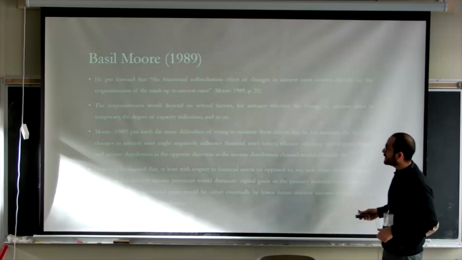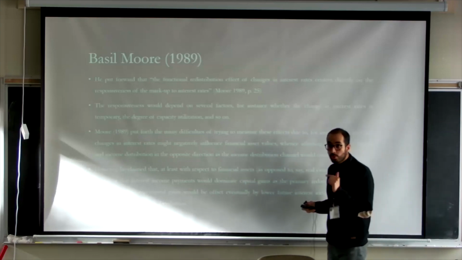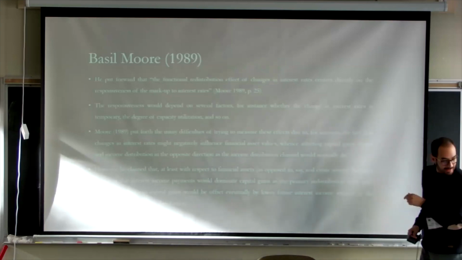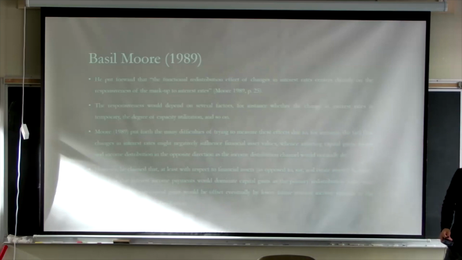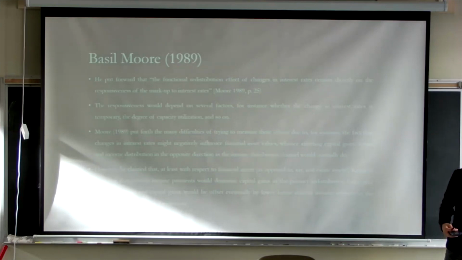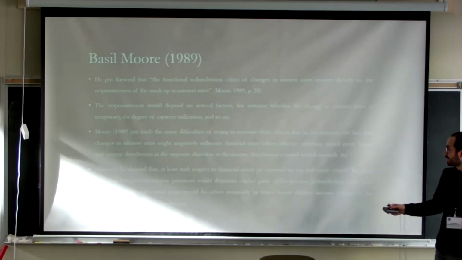This can affect capital gains, but Moore also mentions that Keynes claimed that, at least with respect to financial assets, as opposed to say real assets, interest income payments would dominate capital gains as the primary redistribution force over time. These short-run capital gains will be offset eventually by lower future income streams in the overall function of the income distribution.